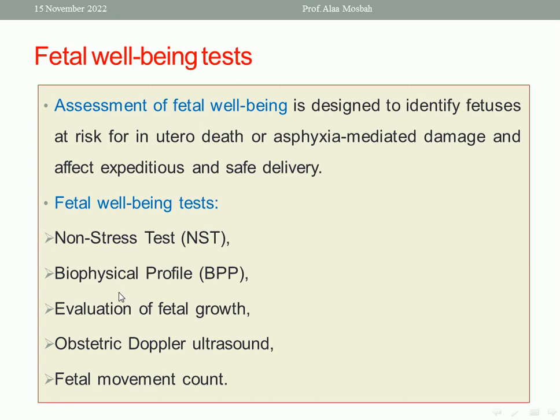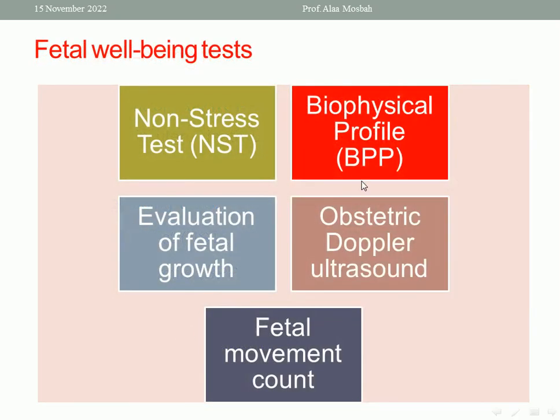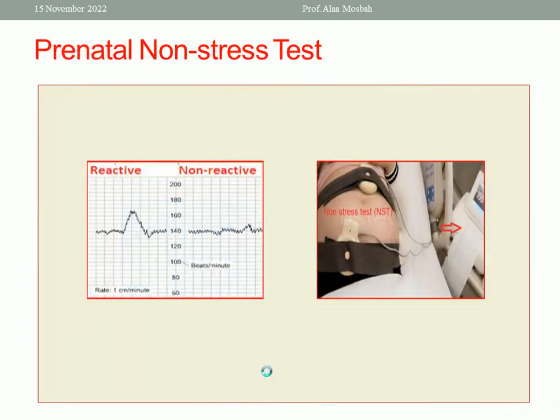As we mentioned, we have 5 tests, as you can see in this slide: the non-stress test, the biophysical profile, the evaluation of the fetal growth, the obstetric Doppler ultrasound, and the fetal movement count. So let us start with the first item, which is the antenatal non-stress test.